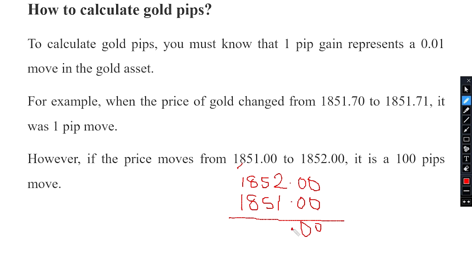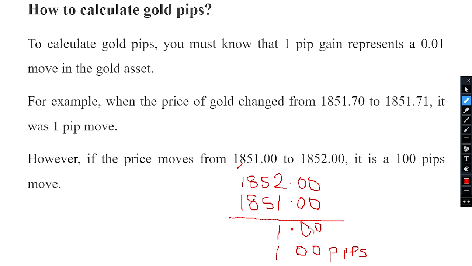This dot helps us to maintain 2 numbers after the dot. So 2 subtract 1, I have 1. So what I have here is 100. That is the same thing as 100 pips. So this decimal enables us to keep track of how many numbers we have to add after the decimal.